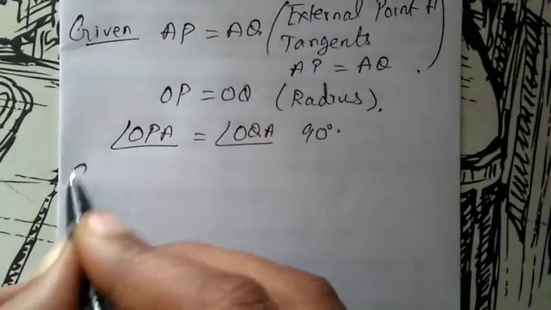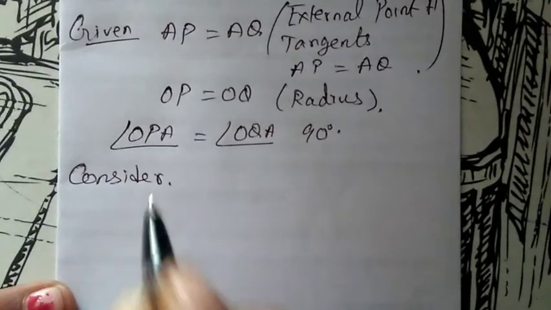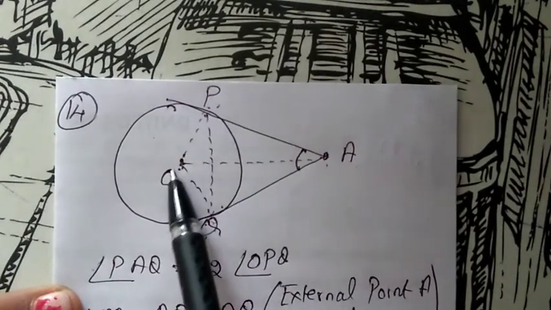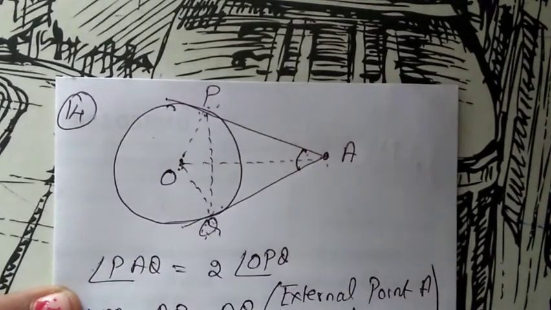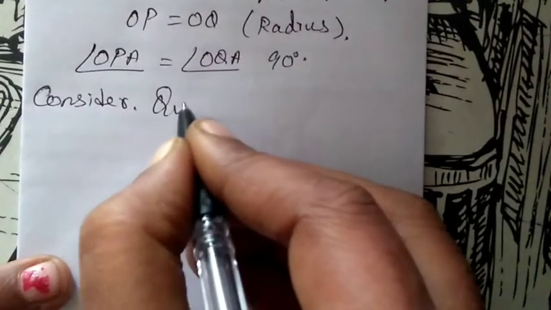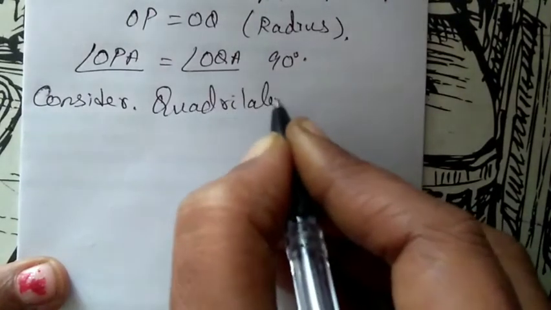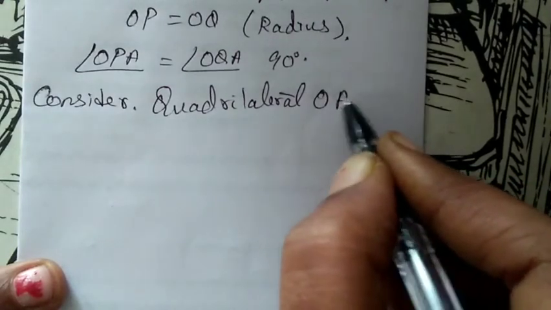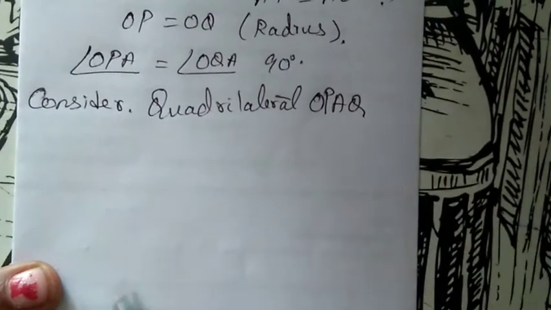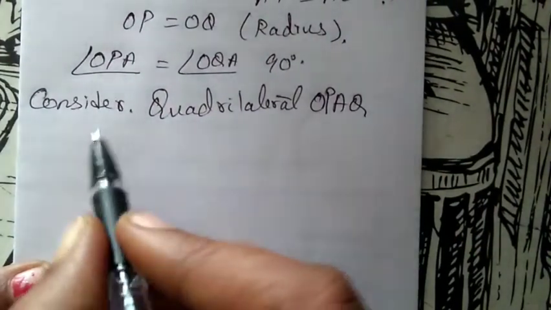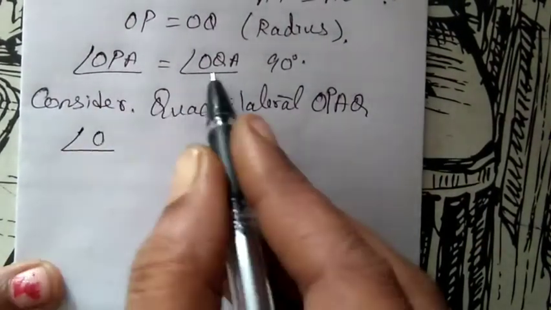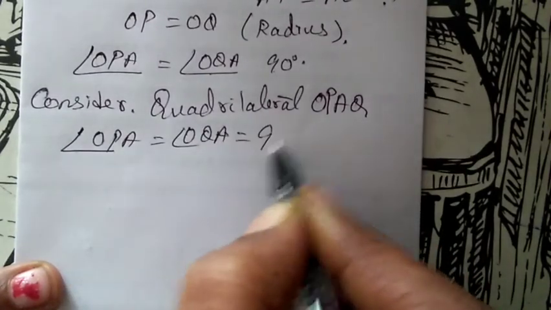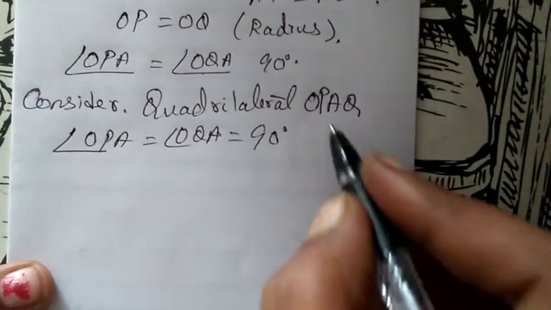Okay, now consider. Now when we join all this, you can see this diagram as a quadrilateral, OPAQ. So we are going to consider quadrilateral OPAQ. In this, we have proved angle OPA equal to OQA 90 degree because they are radius and it touches the tangent at 90 degree.